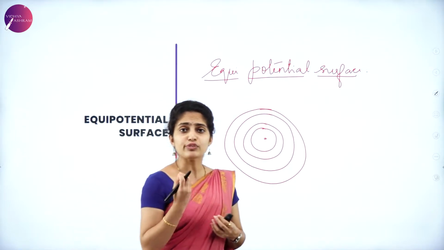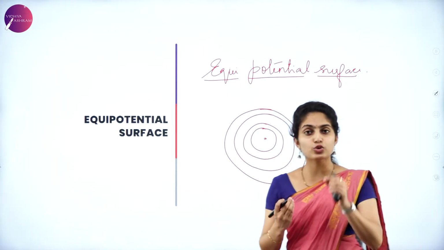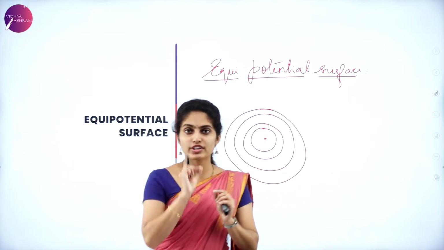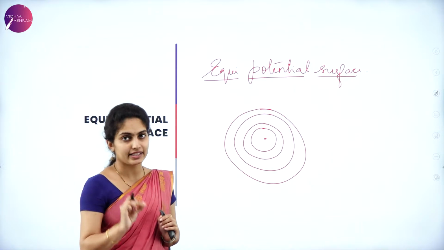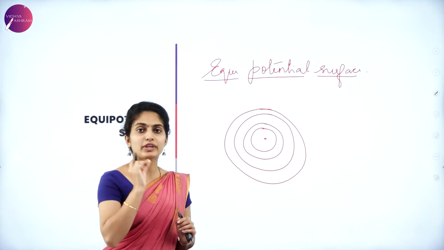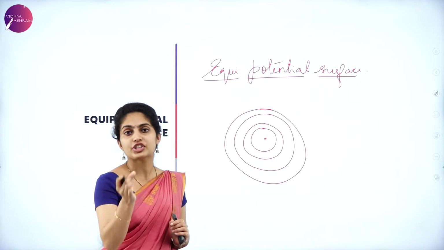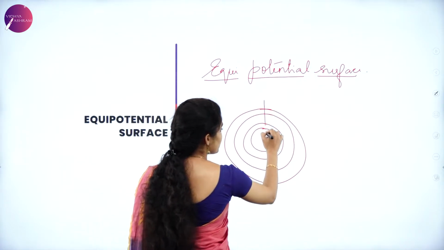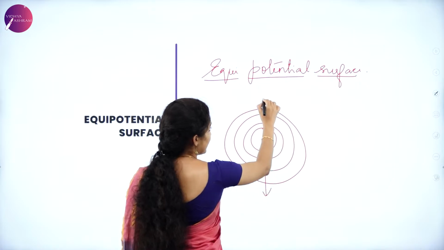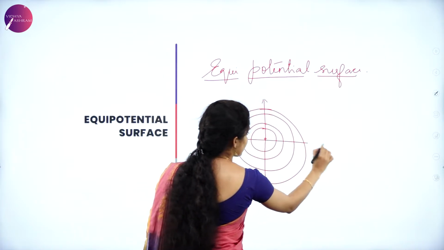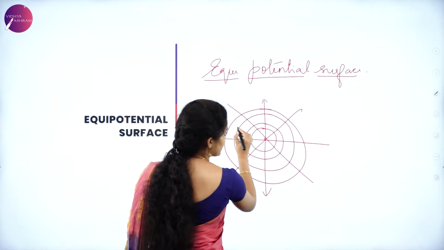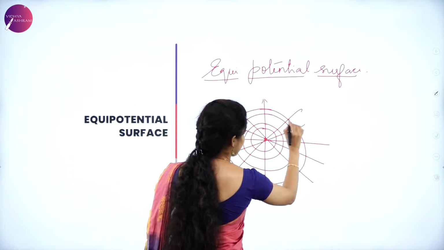So how is the flow of electric field to a point charge? The flow of electric field to a point charge is always radial. Radial can also be called as normal, or which is at 90 degrees. So this is a point charge for which the electric field is radial. It is radial everywhere.